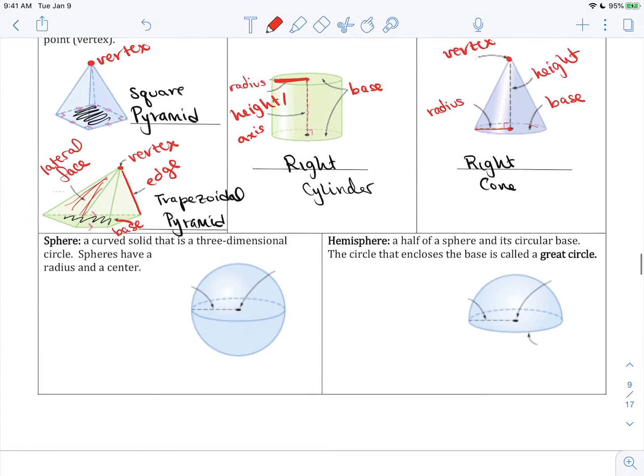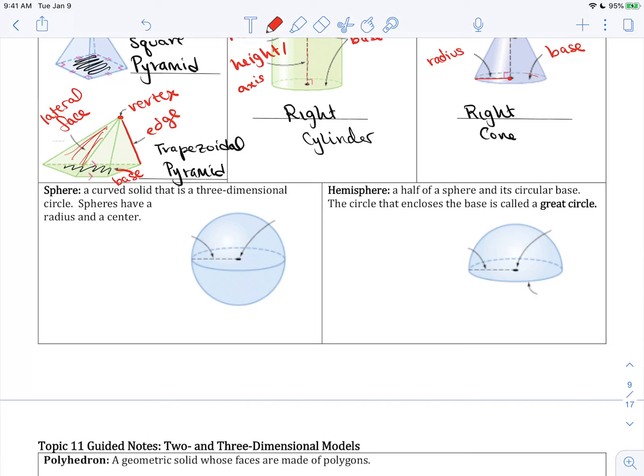Great. A sphere, a curved solid that is a three-dimensional circle. Spheres have a radius and a center, right? So think of a ball. A ball is a sphere, where this dot in the middle, that's our center. And this dashed line we see is the radius. Hemisphere.